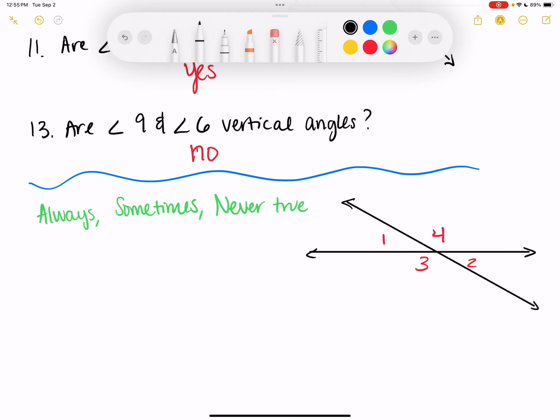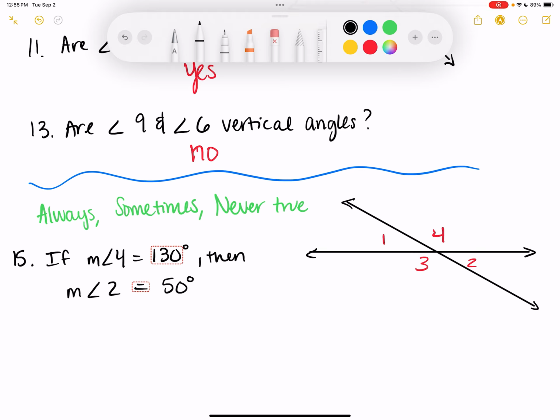So, let's see, 15. If the measure of angle 4 is equal to 130 degrees, then the measure of angle 2 is equal to 50 degrees. So they're looking at 2 and 4. So if 4 is 130 degrees, they're saying then that this one has to be 50 degrees.